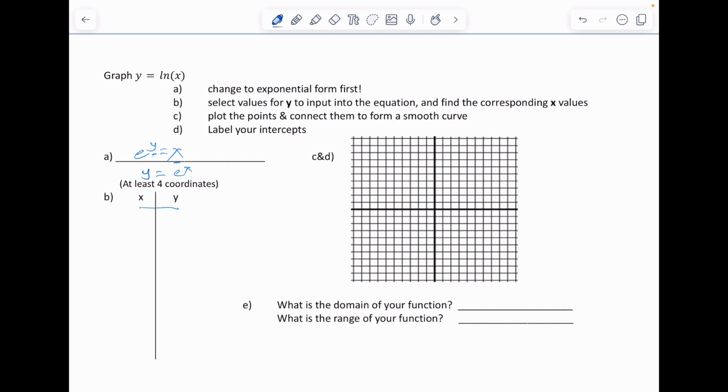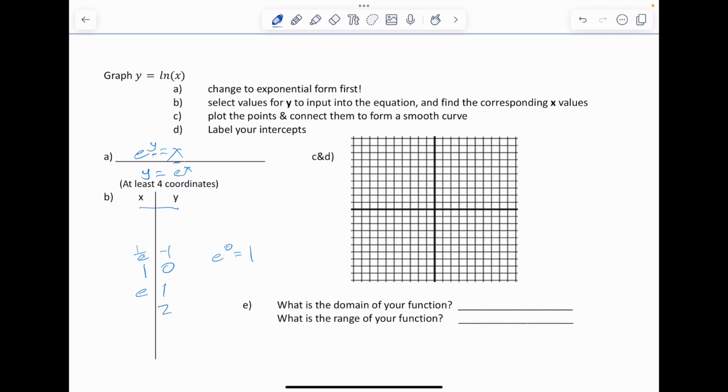So with y, let's start off going backward, going with the y side. So we can do 0. I always like to start with 0. When I have e to the 0 equals what? 1. -1, 1, and 2. -1 is going to give me e to the -1, 1 over e.